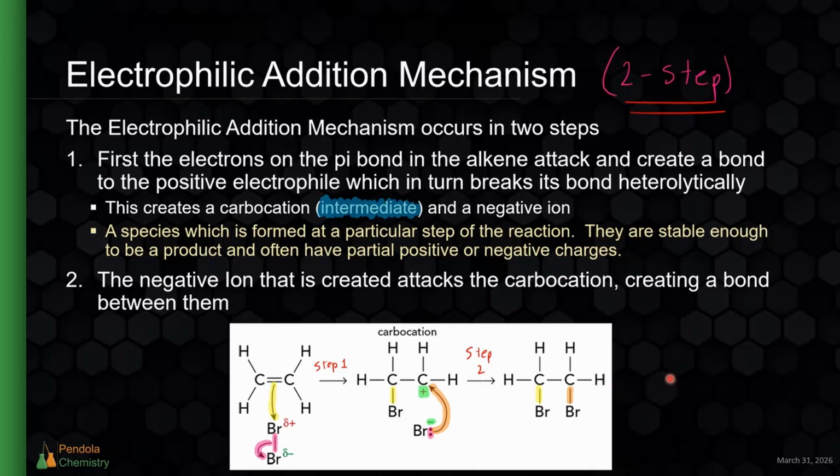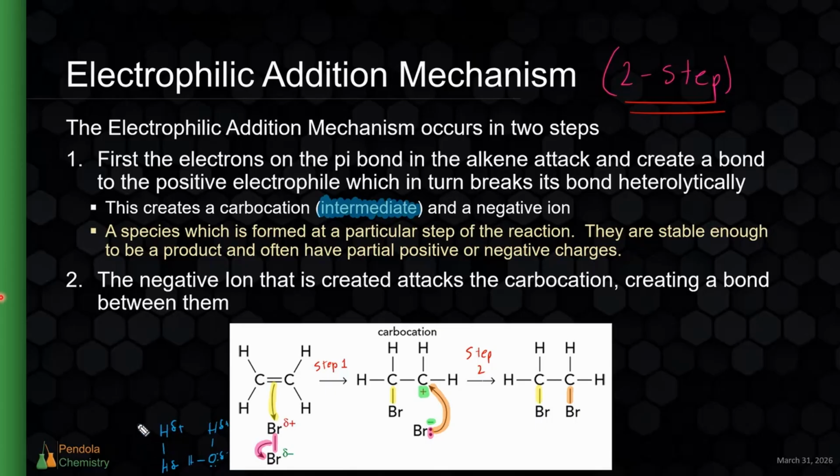You need to understand both steps so you can draw this mechanism not just for the halogen, but also for steam, in which case we'll just draw the H and then an OH, and it will be the exact same thing with this bond being the partial positive and the partial negative. It will be the same if we have hydrogen, where we will just have a hydrogen-hydrogen bond with the farther hydrogen being partially negative and the closer hydrogen being partially positive.